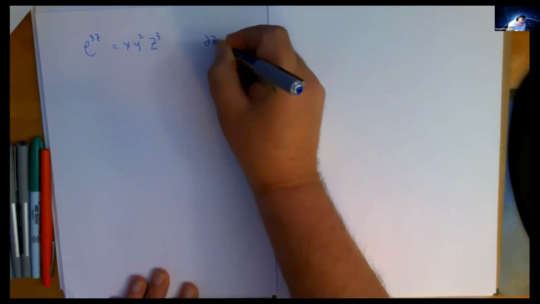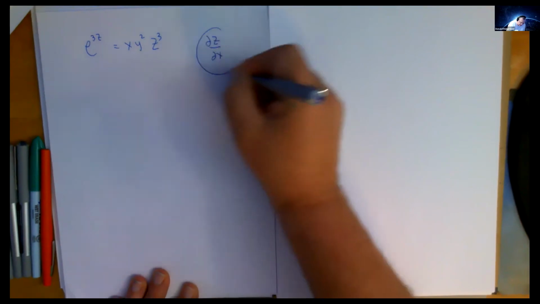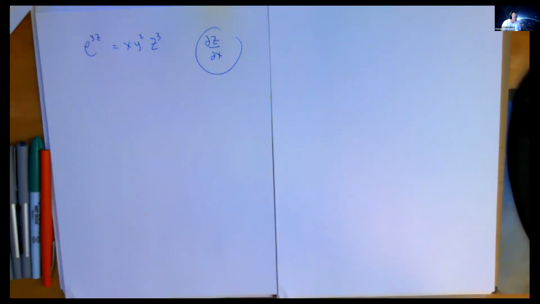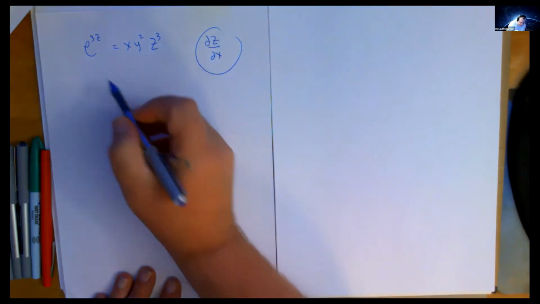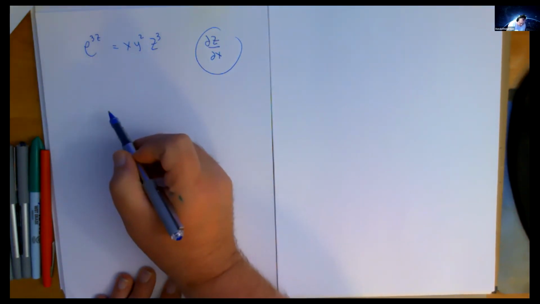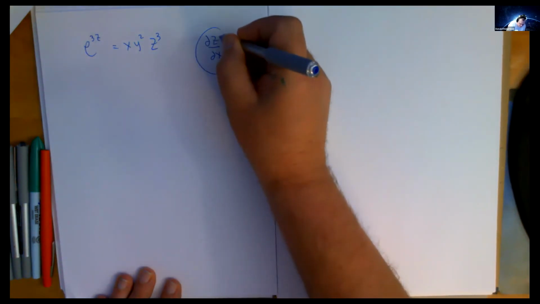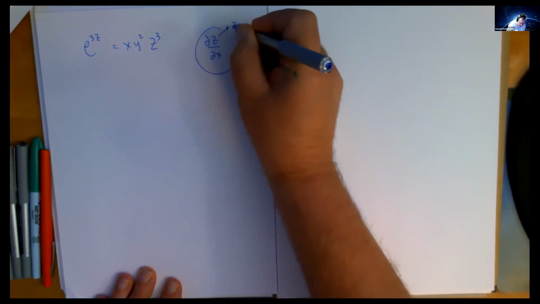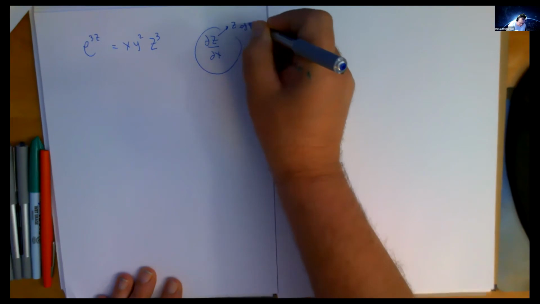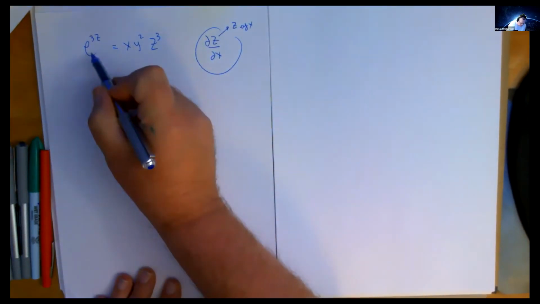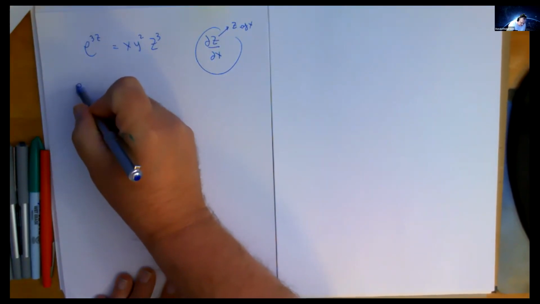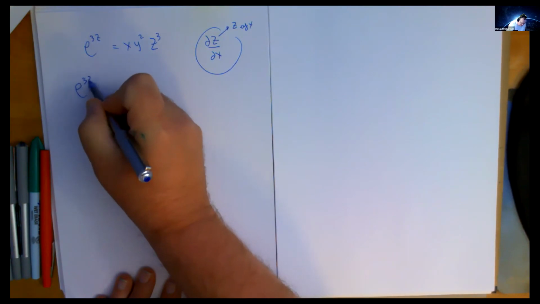Suppose the question asks us to find this partial derivative. So it's implicit differentiation, so that means that we have to think of z as a function of x. Well, e to the 3z gets you e to the 3z.